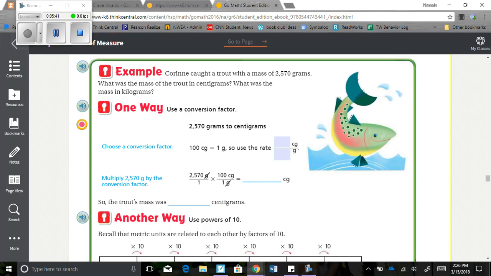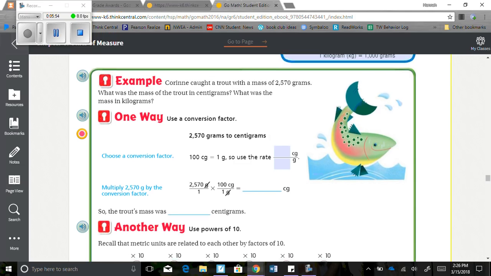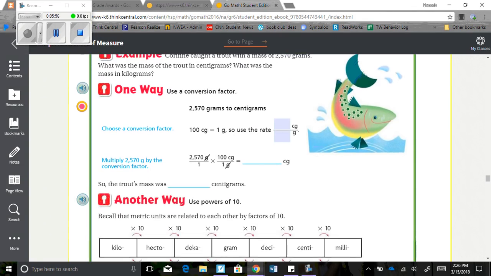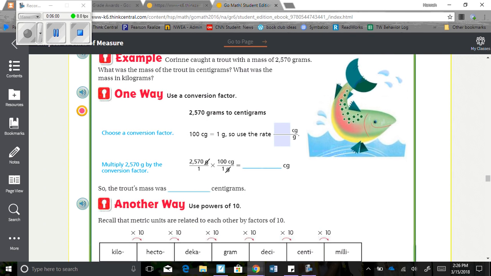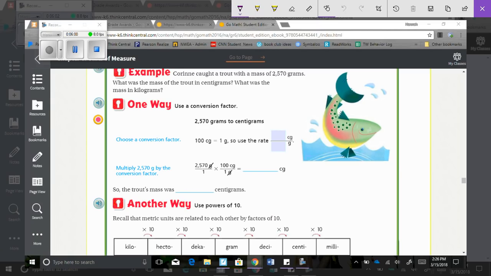Use a conversion factor. If I'm taking 2,570 grams to centigrams, I need to choose a conversion factor. There are 100 centigrams in 1 gram, so I'm going to use 100 centigrams for every 1 gram.